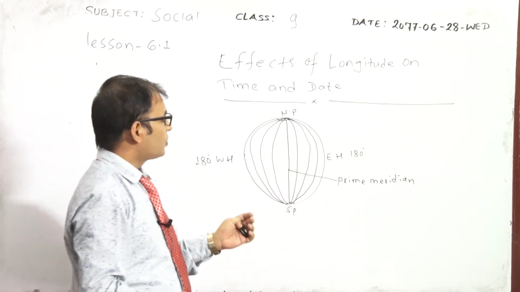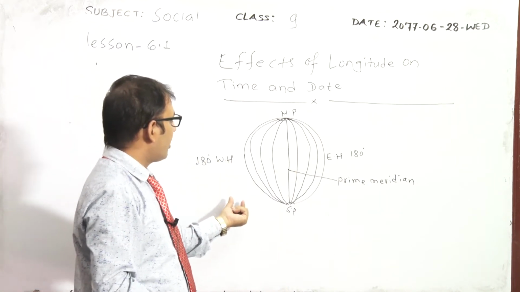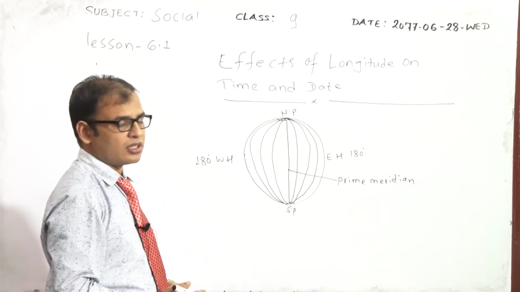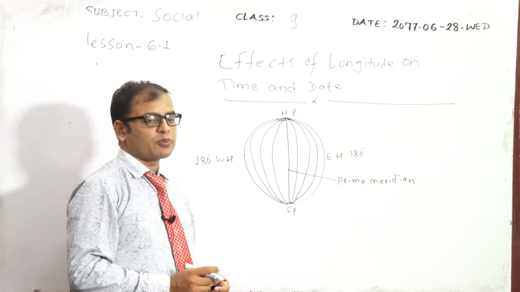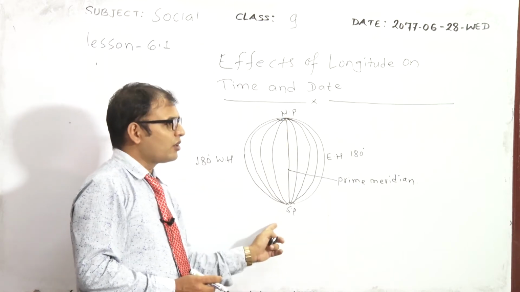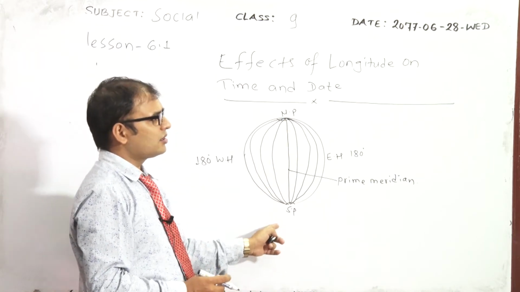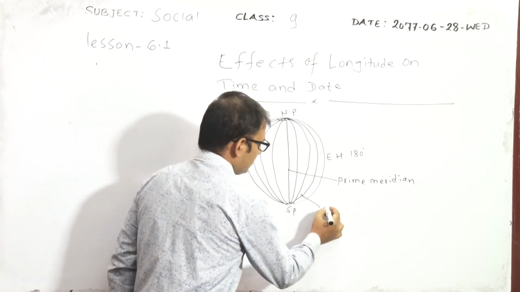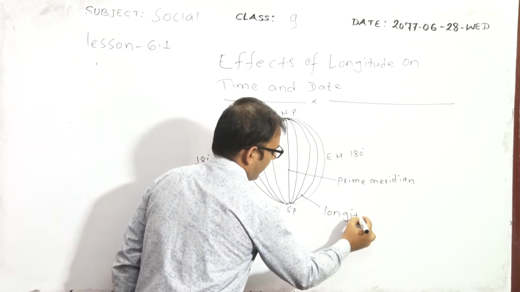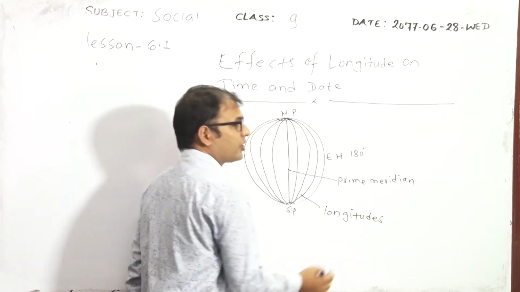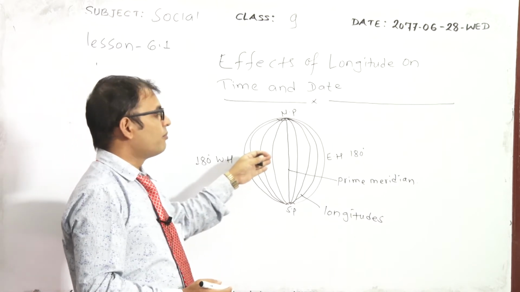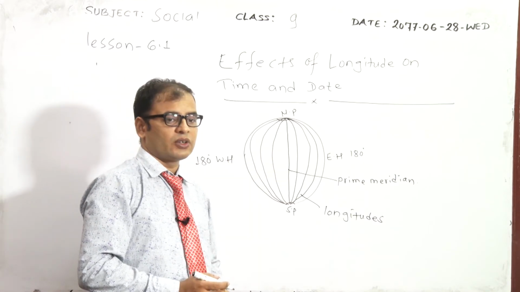Okay. So we can define longitudes as the imaginary lines which are drawn from the north pole to the south pole of the earth. They are also called meridians.